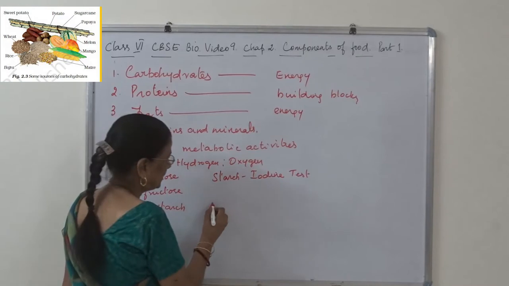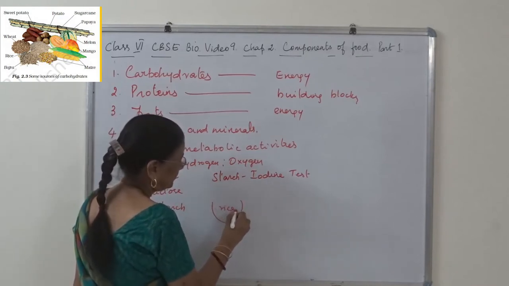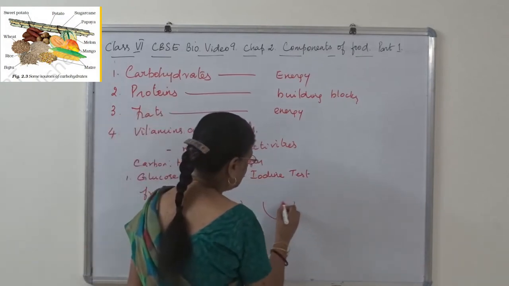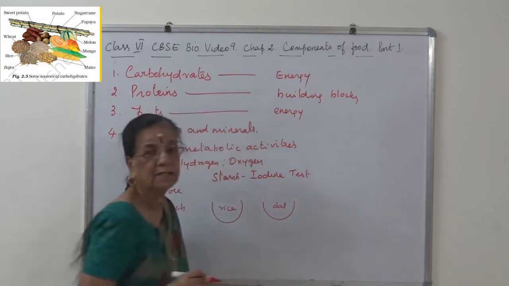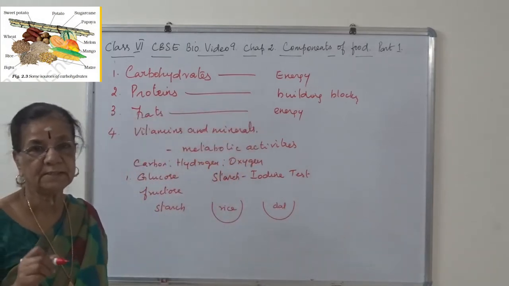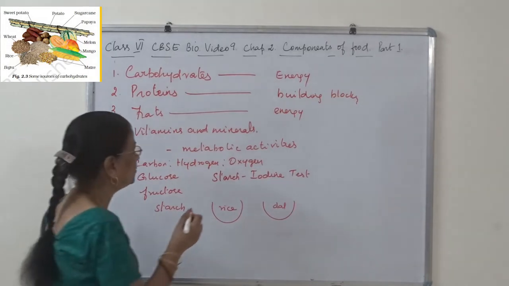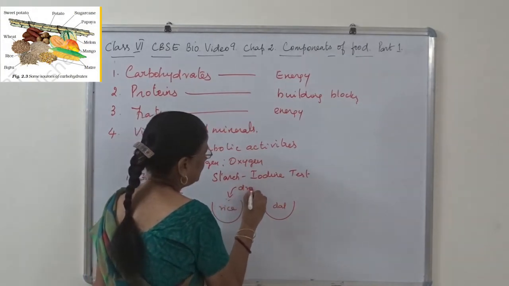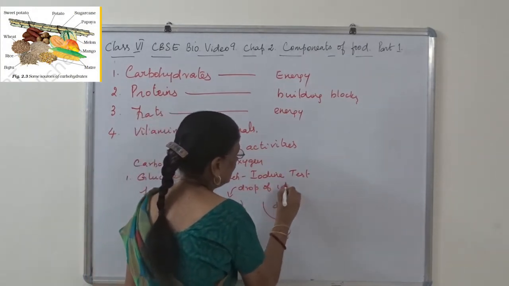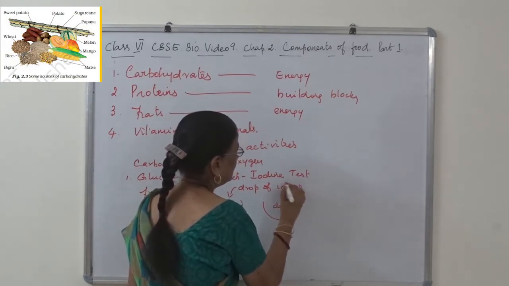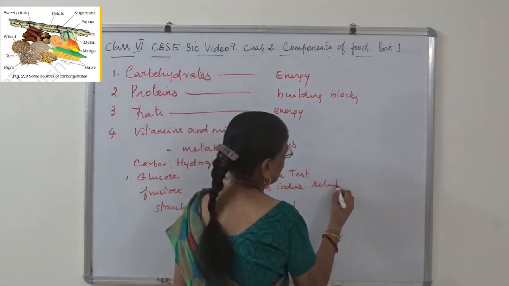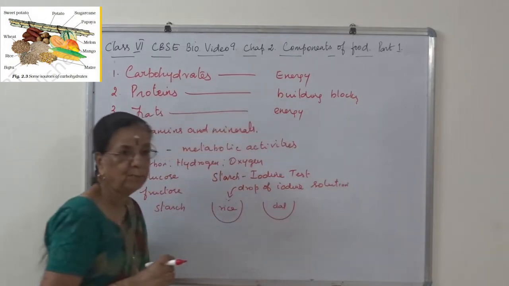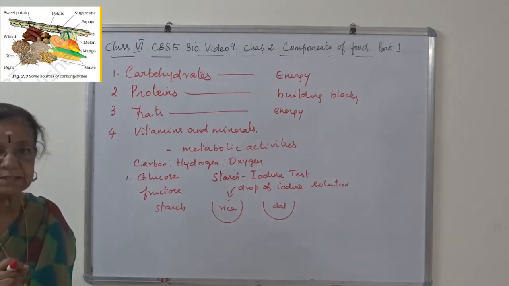Okay, so now we take a bowl of rice, and then another bowl of dal. And it should be boiled water, only then it will give reaction. Now you add a drop of iodine solution. The sample which contains starch will turn blue-black in color.